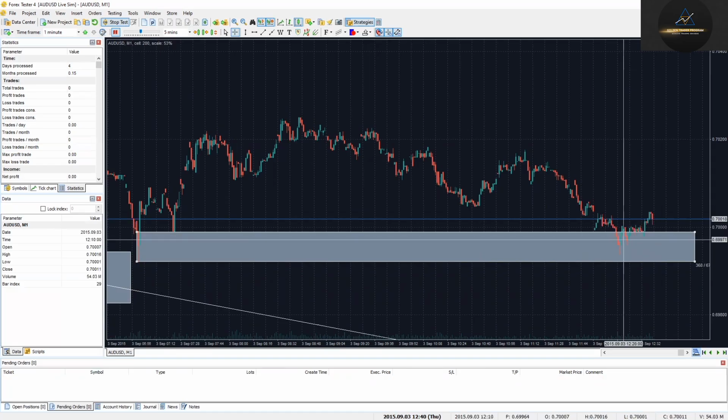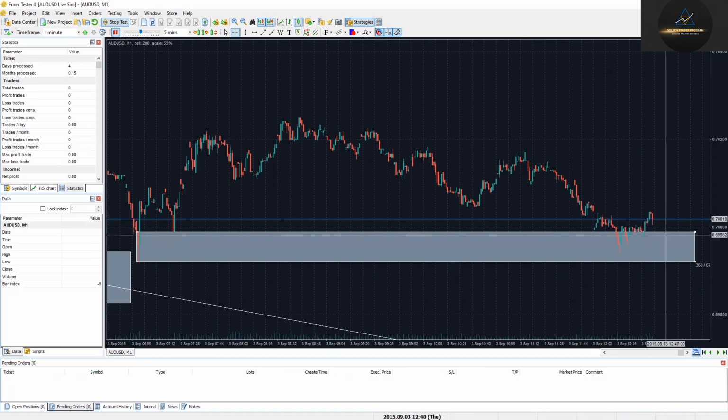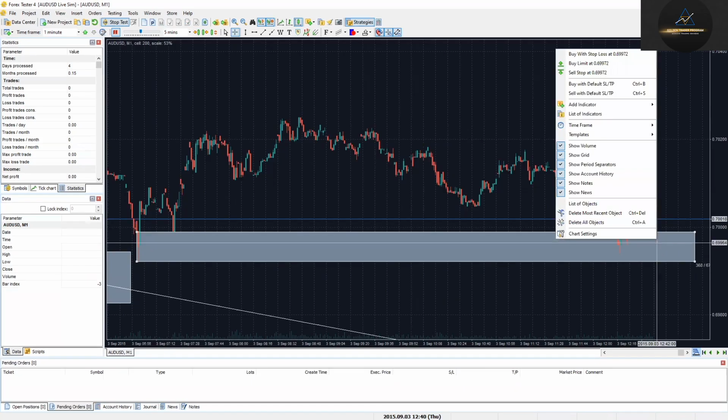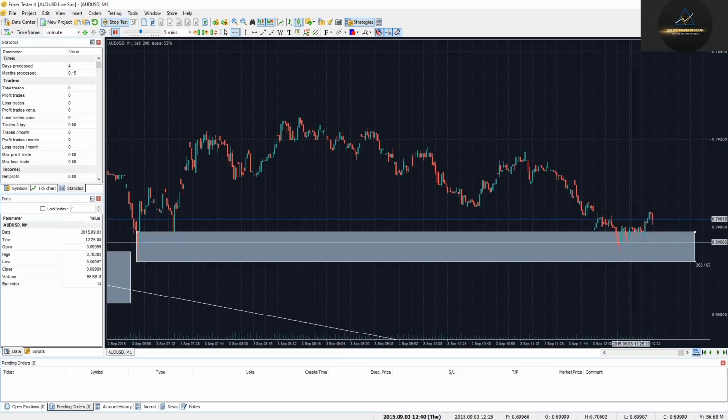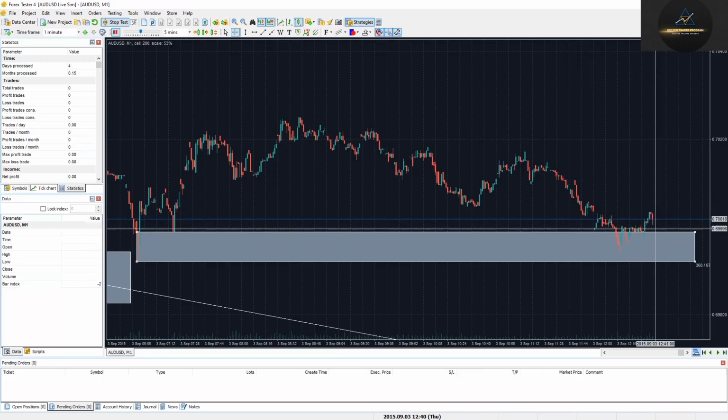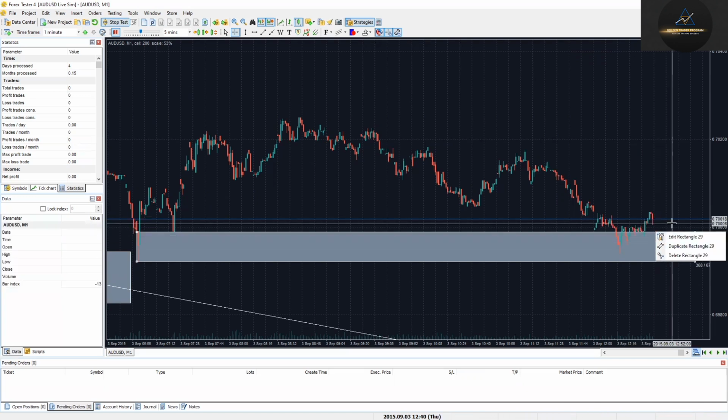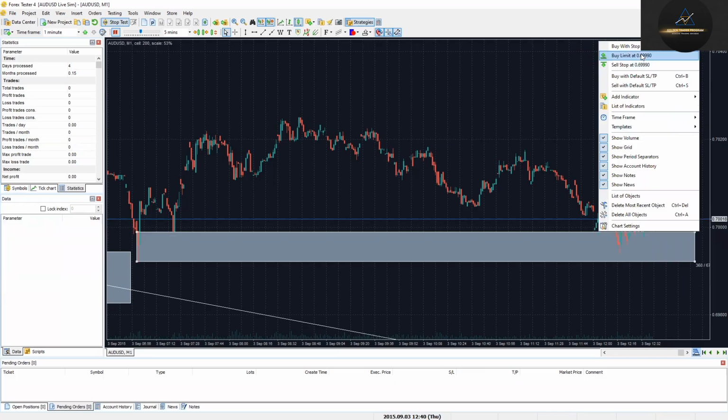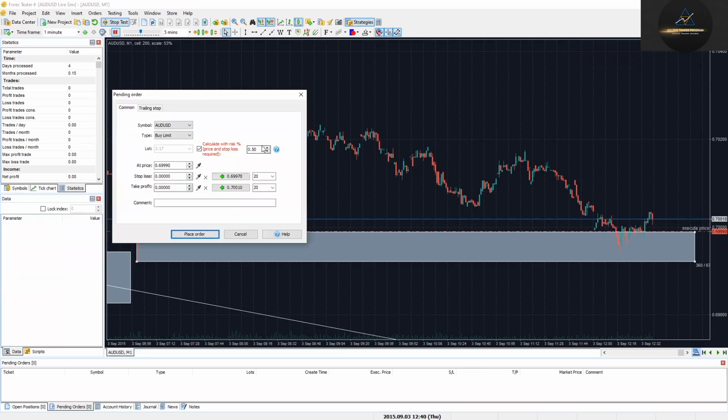And let's get in on this trade here. So on the 1 minute. Buy limit, we want to do 0.5% risk.